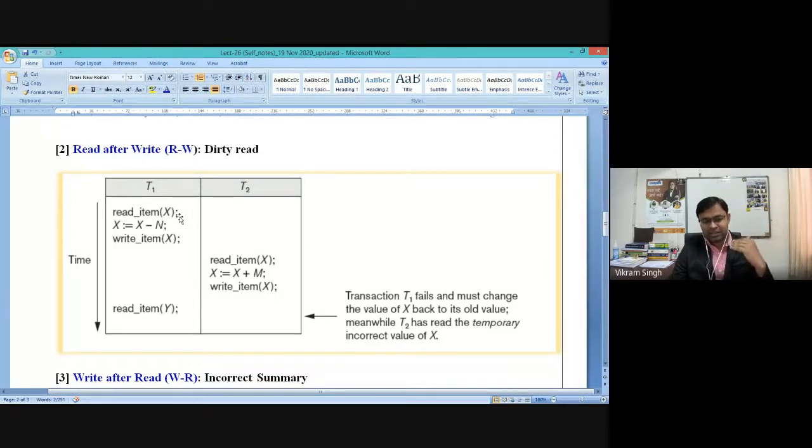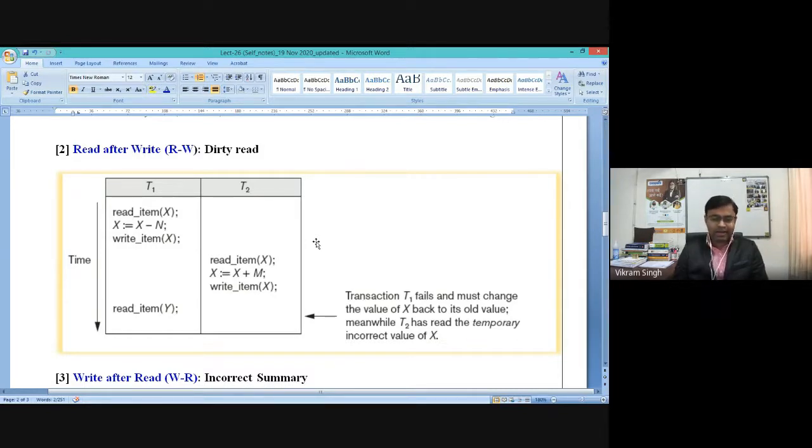So all the changes which T1 has done have been partially saved by write item X. After that, if you go to T2, it simply reads X, then performs X equals X plus N, and then writes X. Let's assume that T1 is failing because of some reason. So all the changes on X must go back to its original value, right?